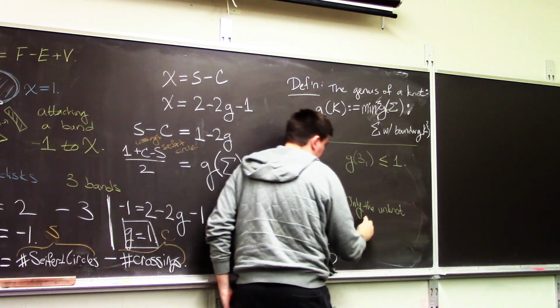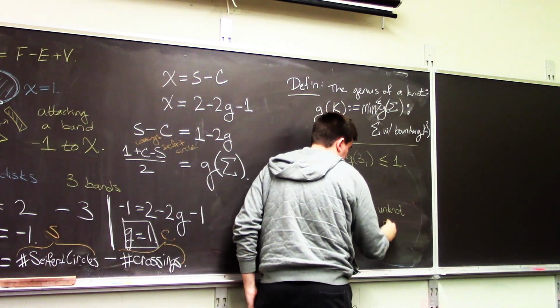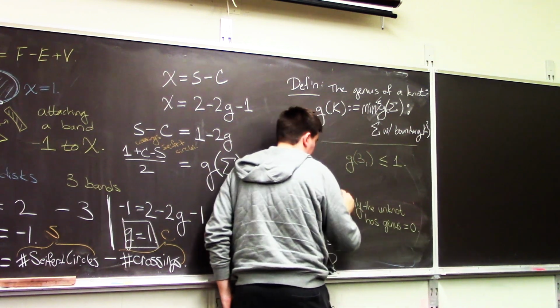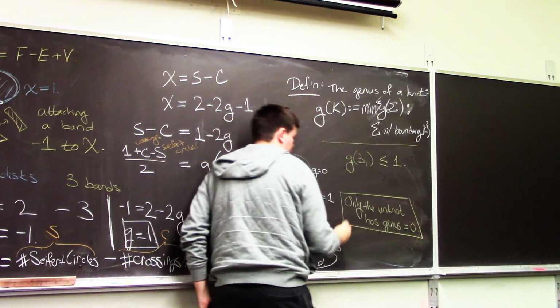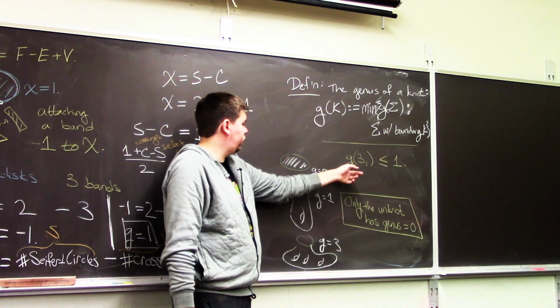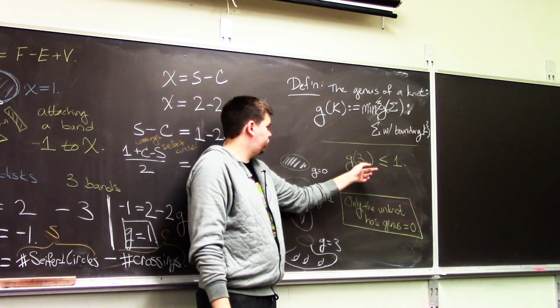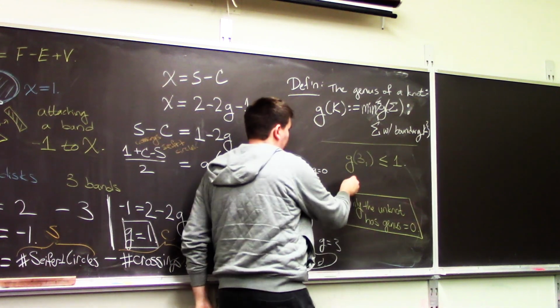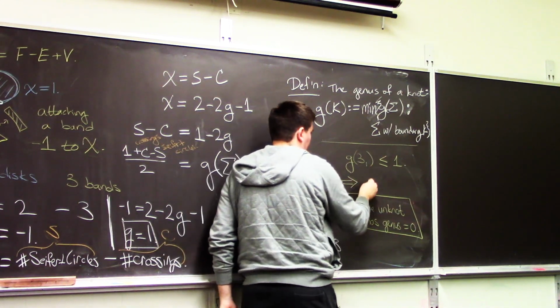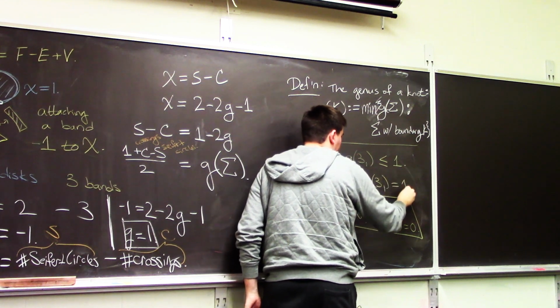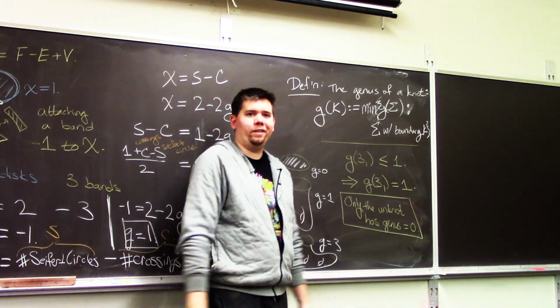So only the unknot has genus equal to 0. And therefore, since we know the genus of the trefoil is at most 1, and it can't be 0, because the trefoil is not the unknot, we can conclude the genus of the trefoil is actually equal to 1.